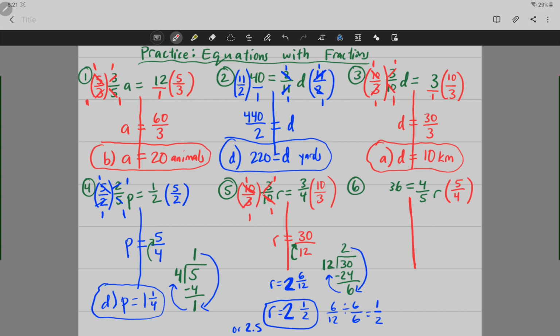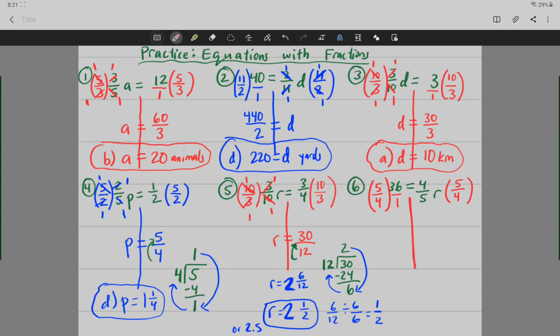And I balance the equation by doing the same thing that I just did to the right side. I have to do it to the left side also. So multiply that by the same 5 over 4. The 36 is a whole number. Make it a fraction. Put it over 1. Now we have our problem set up. And now what we do is multiply our numerators.